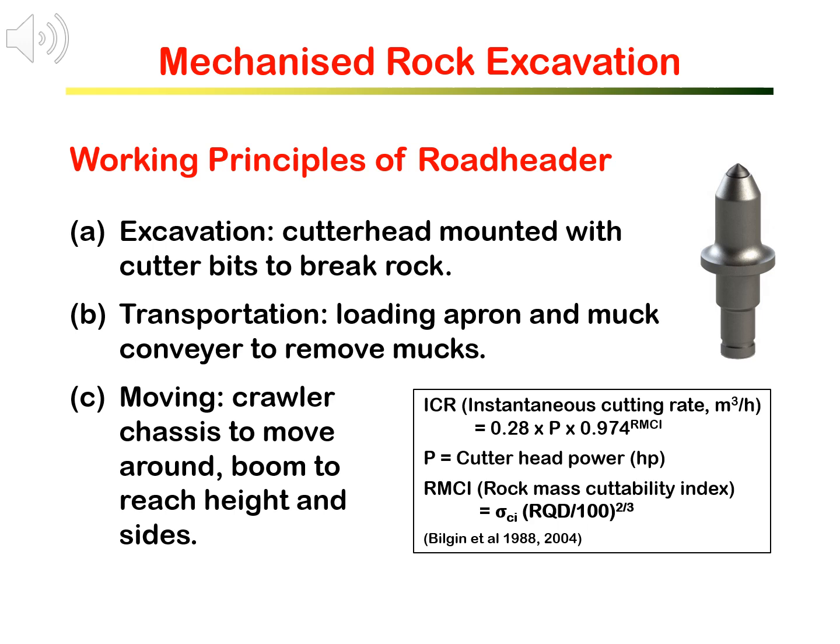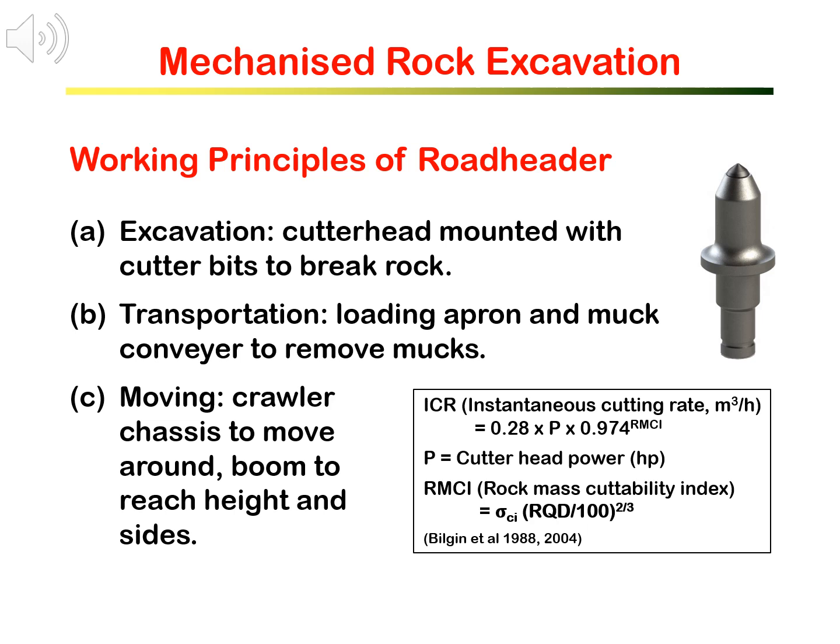Excavation performance or effectiveness of a roadheader can be assessed by instantaneous cutting rate, which is governed by the equations in the box on the lower right. You can see it is a function of power, rock strength, and the rock fracture degree, RQD.